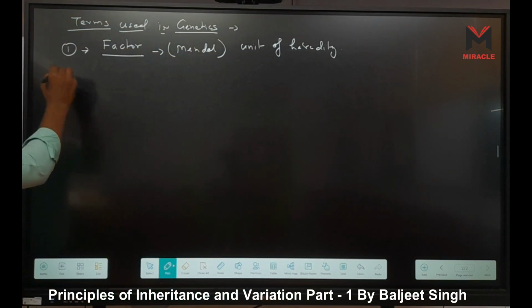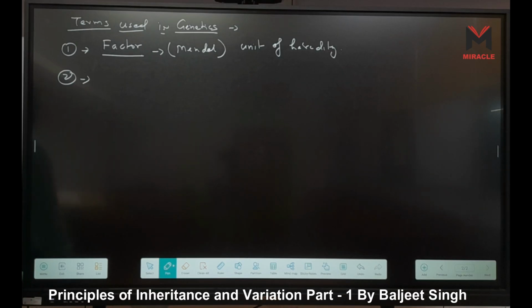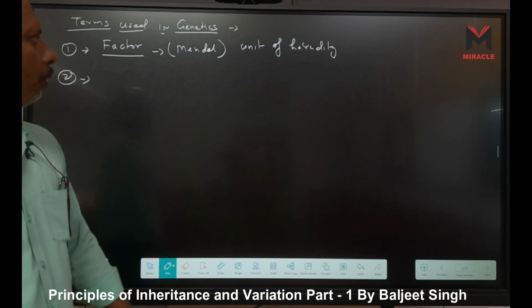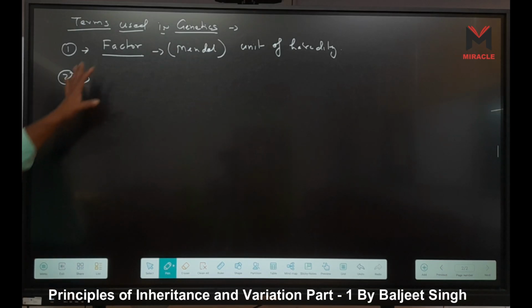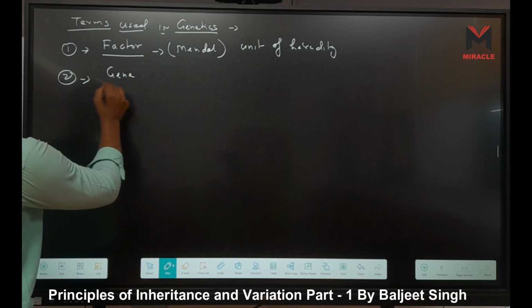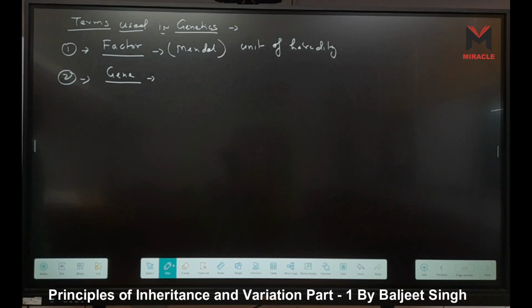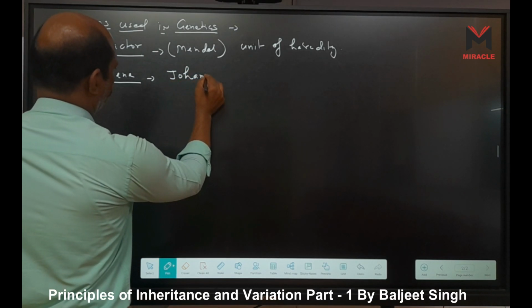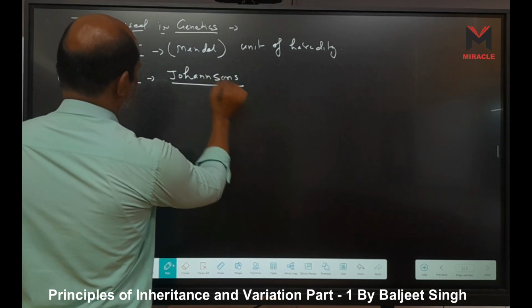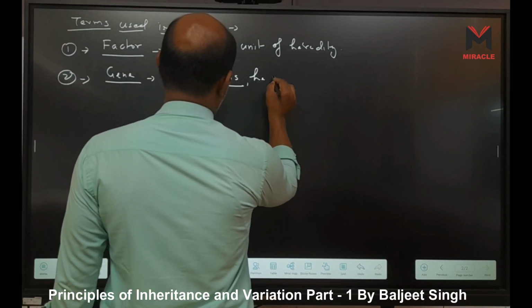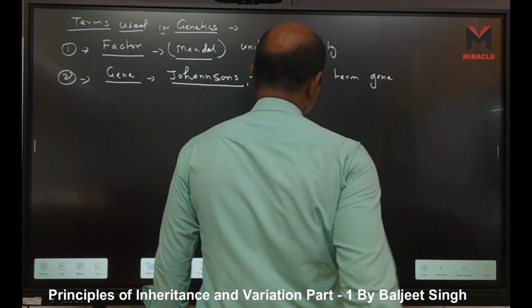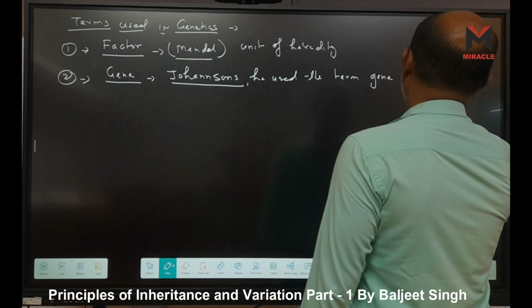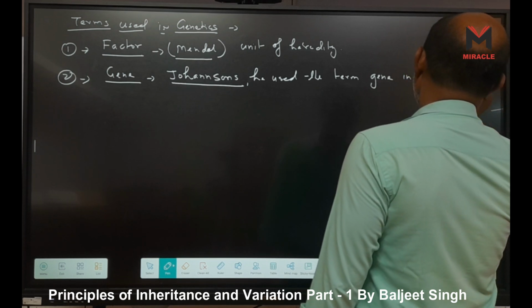Unit of heredity, right, this factor. Mendel also used the term elements, but when Johannsen came, he used the term gene in place of factor, right?